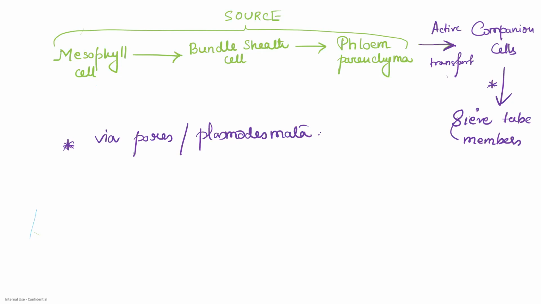Before I end, I have told this to you before, in the starting part of the lecture, but still I'll tell you one more point. In symplastic phloem loading, the photoassimilates are translocated into the sieve tube through specialized companion cells.